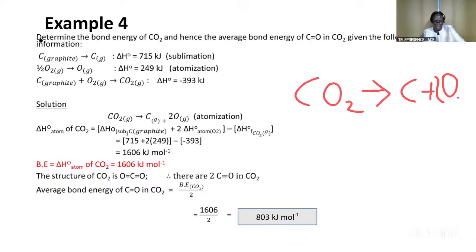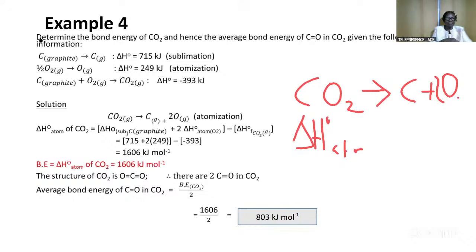So if that is the case, then we need to look at all the equations that we have earlier on and see where we get the values that we need to be able to determine the enthalpy of atomization first. The enthalpy of atomization of this first, because it's going to lead us to determining the bond energy.